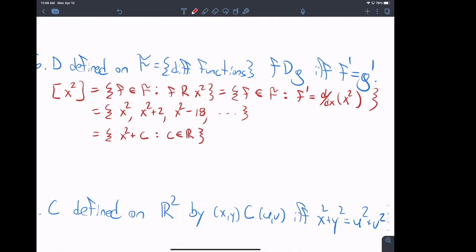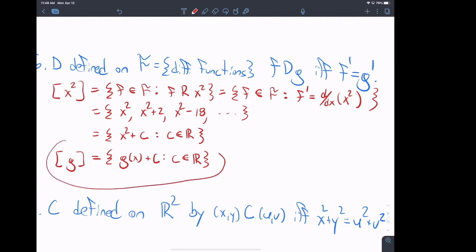We can't write out all of these equivalence classes like we could with the even and odd example, because we've got an infinite number of equivalence classes. But in general, given any function g, its class is going to look like anything that differs from g by a constant. So that's one way we could describe the equivalence classes.